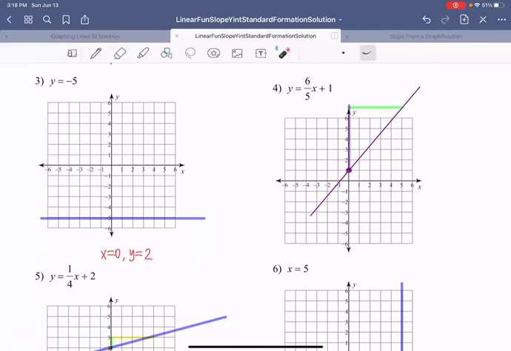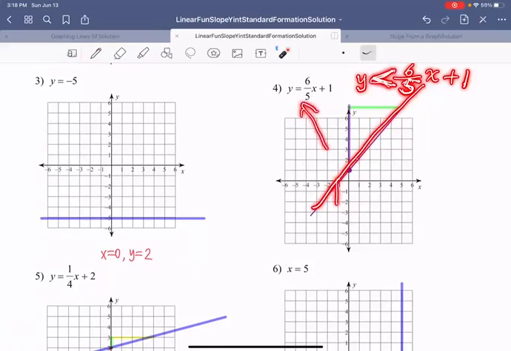Let me ask you. What should I shade? Which part should I shade? On the left side. No, less than. You choose this guy as that.